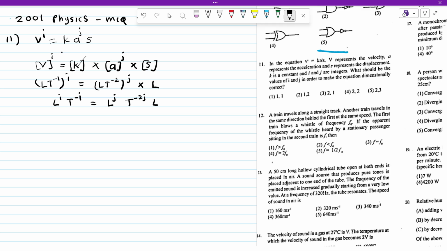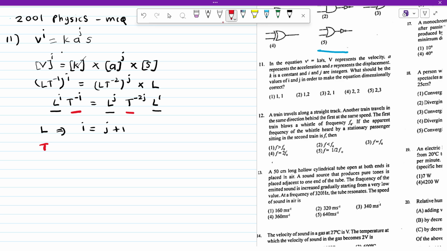If K has dimensions, this problem cannot be solved. So considering the indices of L, I'll underline each L term here. i equals j. Here the power is exactly 1, right? Though we do not write it as 1, we can write 1 there. j plus 1.